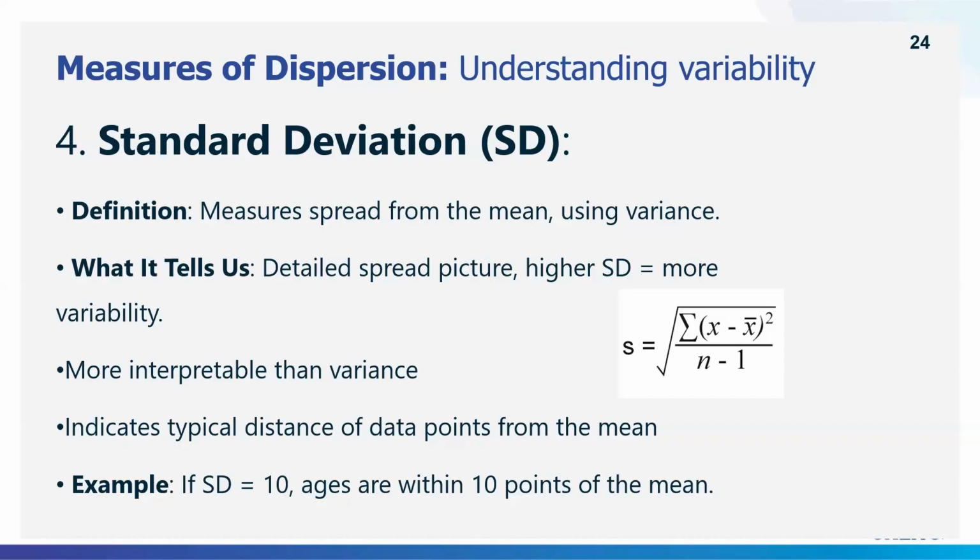So 30 minus 10 will be 20, and 30 plus 10 will be 40. So it shows that most of our ages are between 20 and 40, so plus or minus 1 standard deviation. So standard deviation tells us how spread or how variable a data is around its mean.